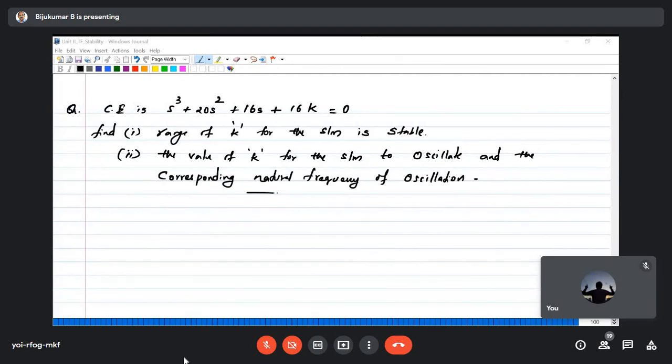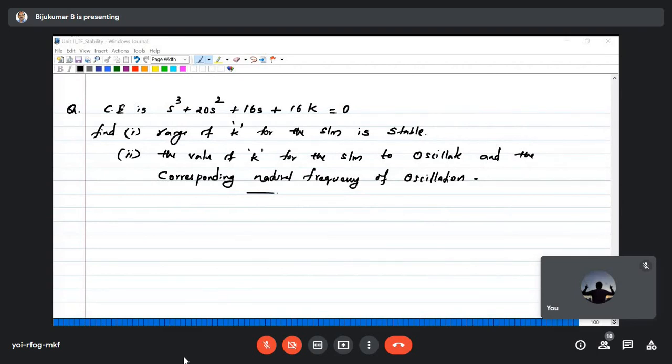Yeah, okay, fine. Now you tell me, what is the system stability condition? Whether it is stable, unstable, or marginally stable? Okay, 59, right?